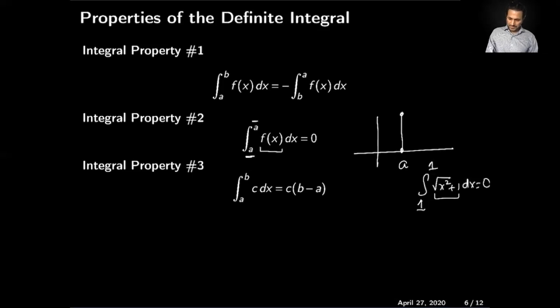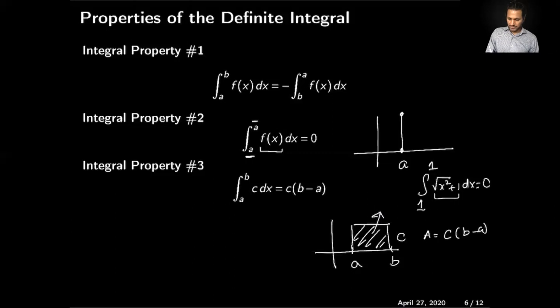The third property is, if you calculate the change of the function from a to b, but the function is a constant c, for example with height 3 always, then the net change will be this area. If c is positive, it will be above the axis, if c is negative, it will be below the x-axis, but the net change will be c times (b minus a), which is basically the length of the base of the rectangle.